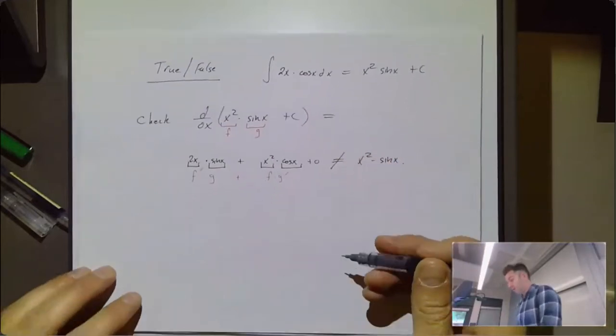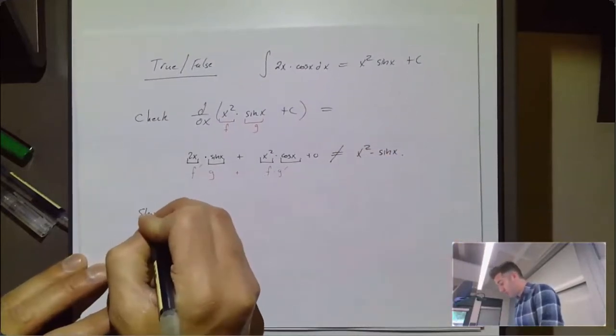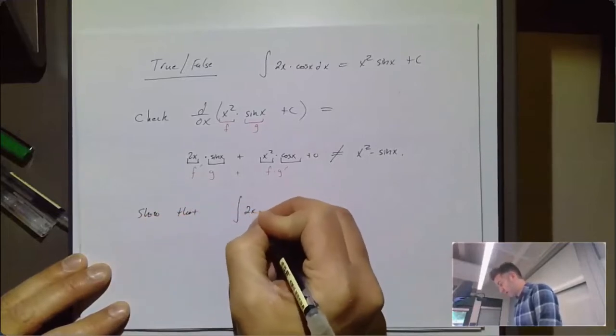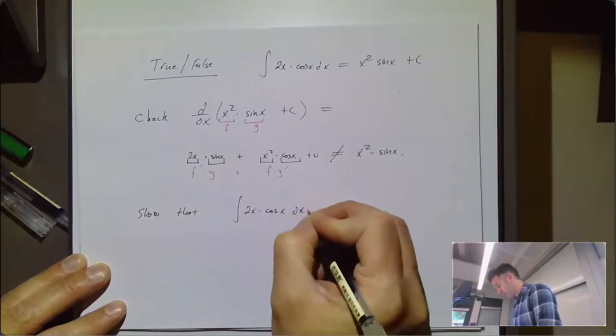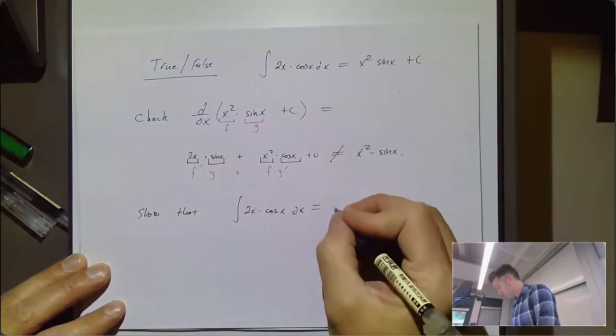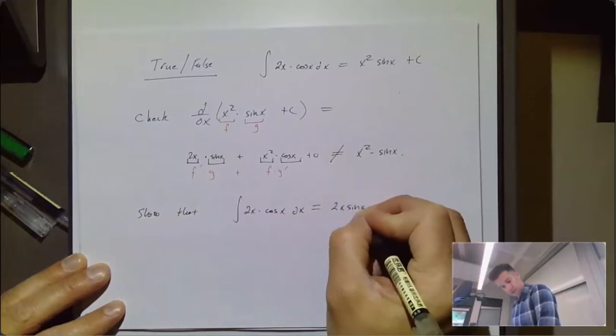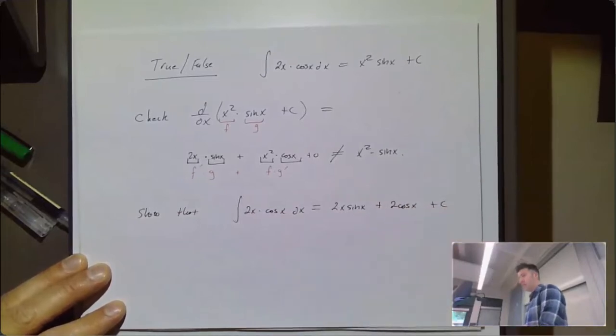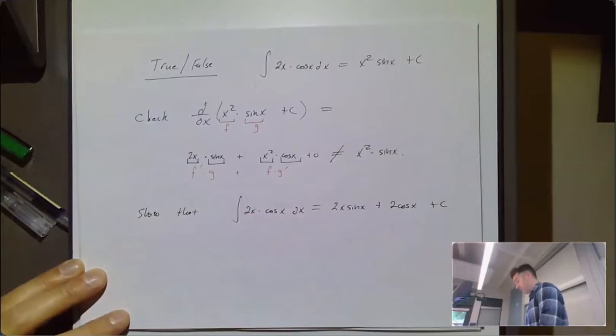On the other hand, we can show that the integral of 2x times cosine of x dx is equal to 2x sine of x plus 2 cosine of x plus c by doing the same sort of process. So let's check it out.